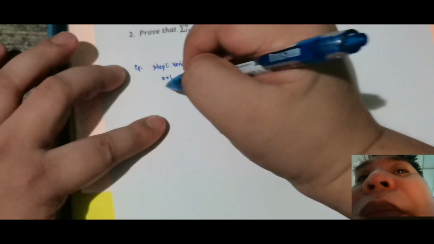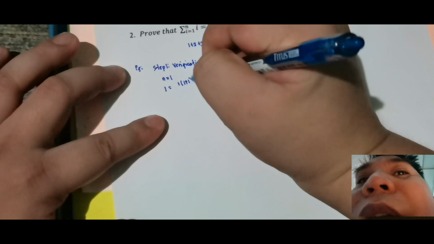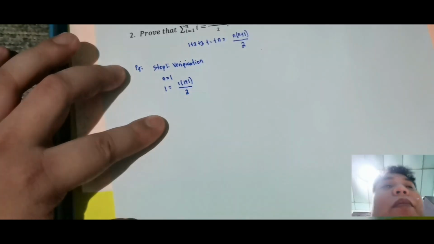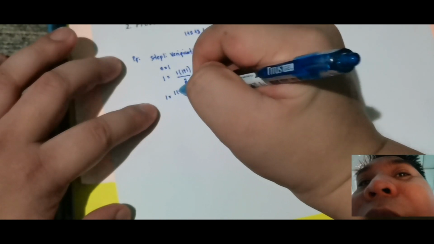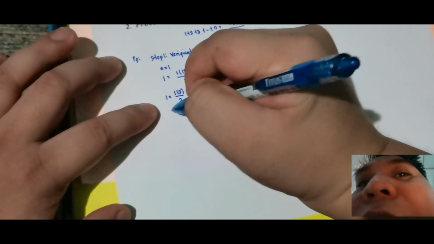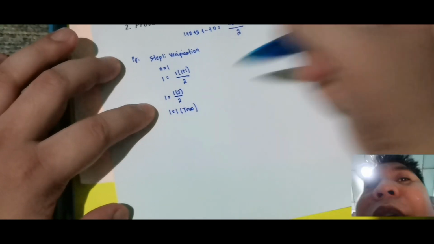So, this is 1 is equal to 1 times 1 plus 1 over 2. Tama. And that is equal sa 1 is equal to 1 times 2 over 2, which implies that 1 is equal to 1, which is true.